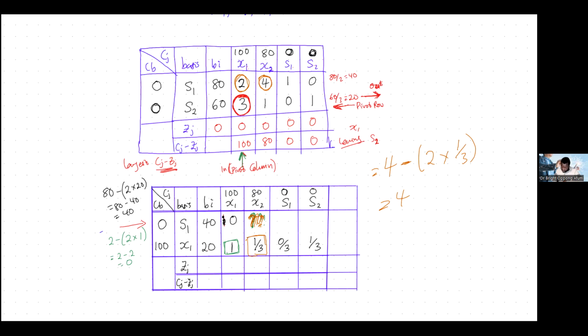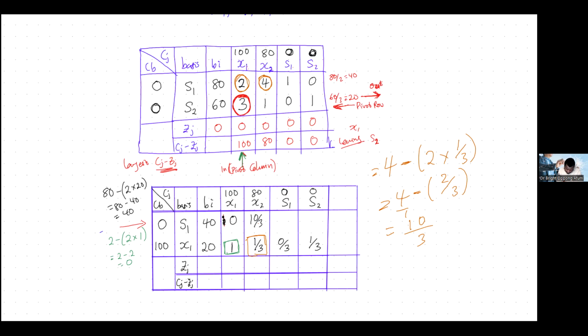So when you evaluate this, it's actually 2 on 3. So 2 on 3, this will be 10 on 3. So let me replace this with 10 on 3.